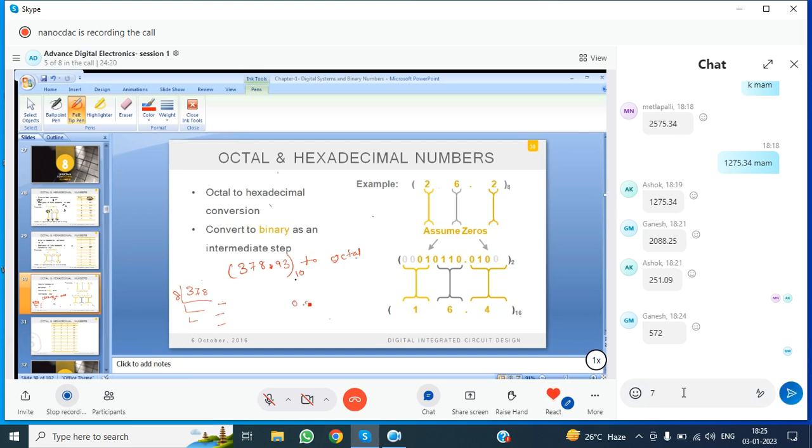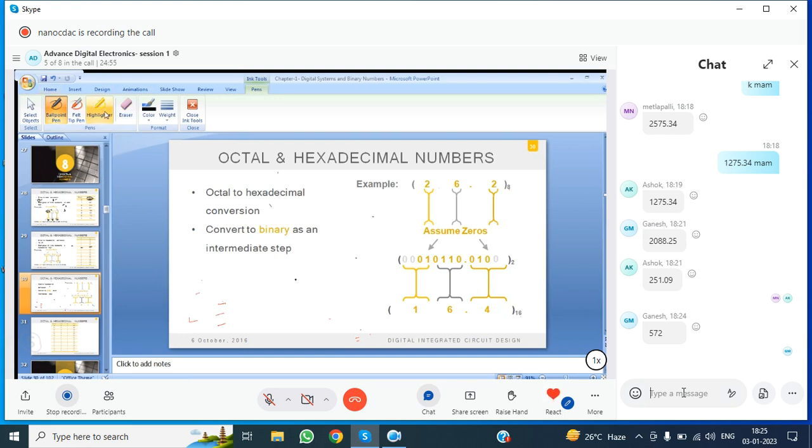For 0.93 what you do is multiply 0.93 into 8, and whatever x you are getting, this x again into 8, y you are getting, y again into 8. Okay, so z whatever you are getting, z into 8, like that you do. Okay, this is the second method, or else the easiest way is you have to convert into binary, and from binary to octal. Okay, it is easy to convert.